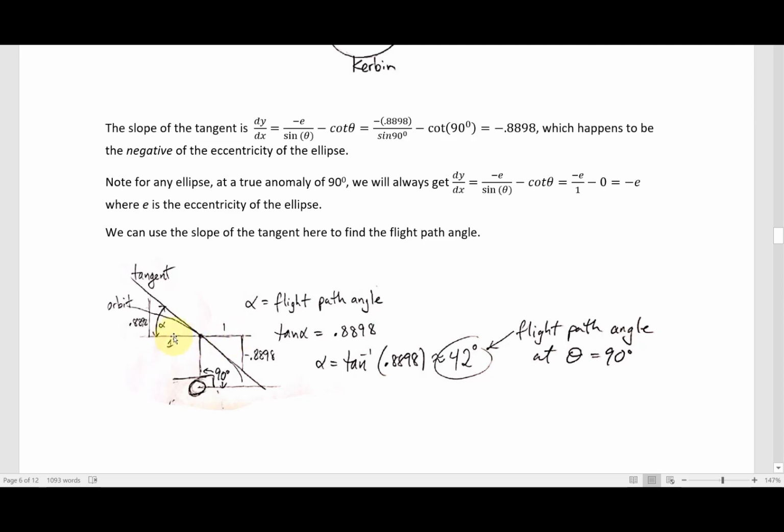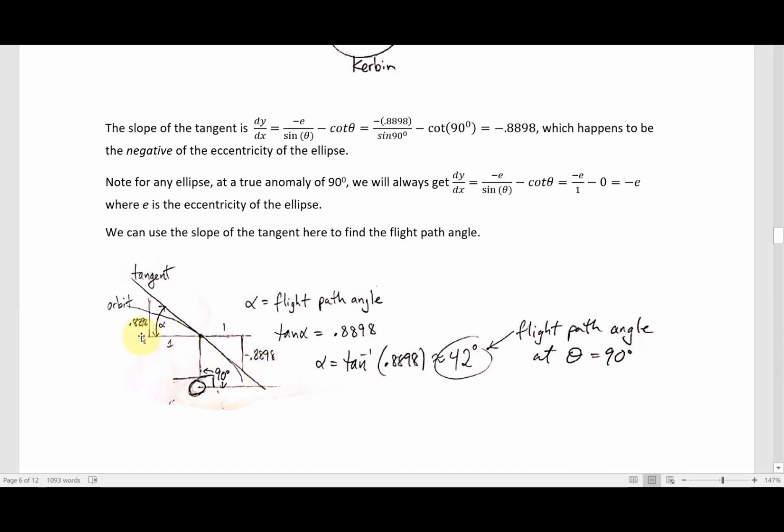If the slope of this line is negative 0.889, I can say go forward 1 unit and down 0.8898 units.